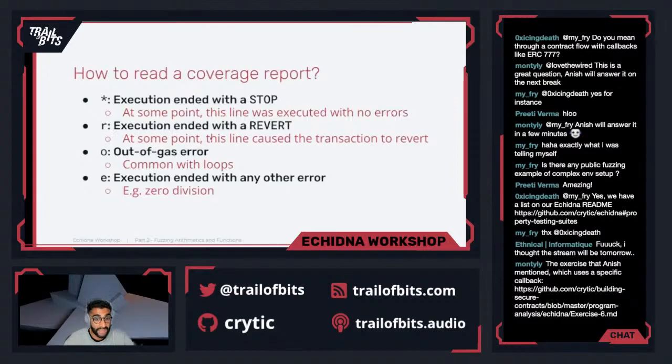So you can have a star and an R on the same line. And when we look at the example, hopefully that makes a little bit more sense. Star means one thing, R means something else. Together, they don't really mean anything special, but each individually means something different. Hopefully it's not too convoluted, but we'll look at the example real quick.